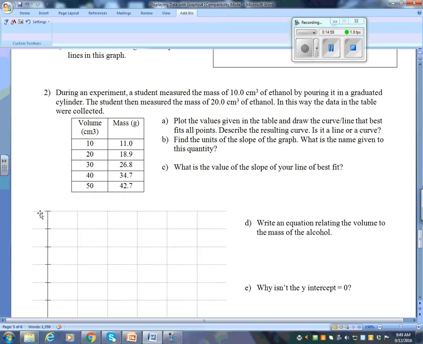And y-intercept means where it is. Where does it cross? Well, you have the line. So I have the volume of 5, right? Got it. So the line represents the relationship.